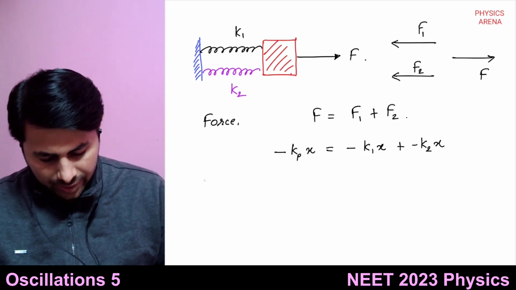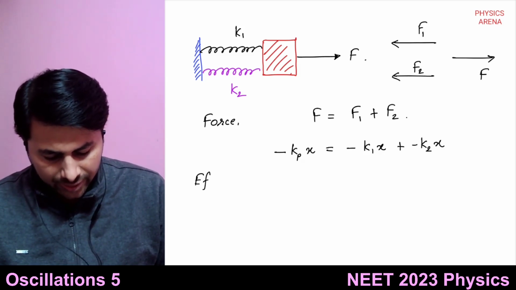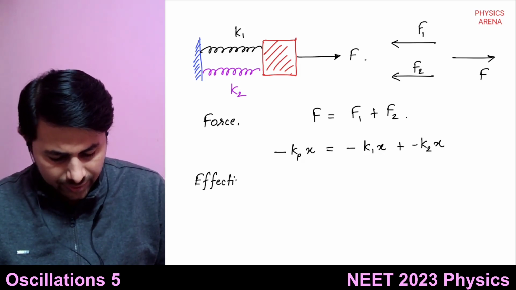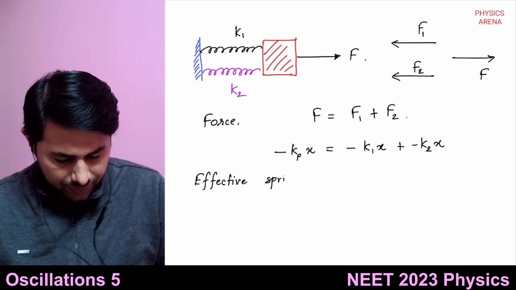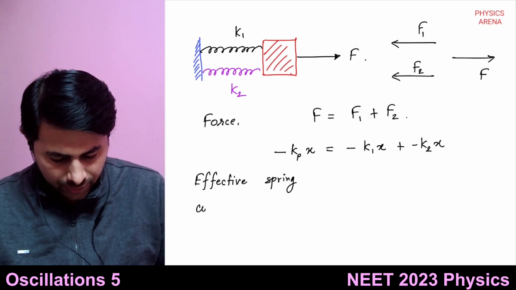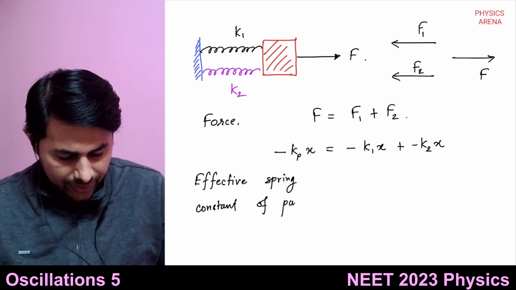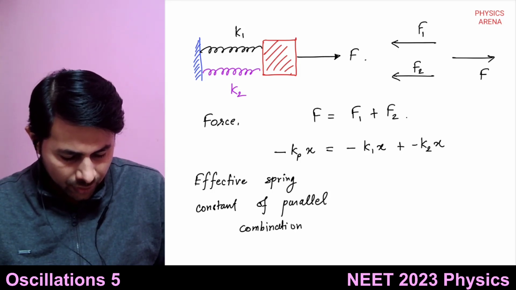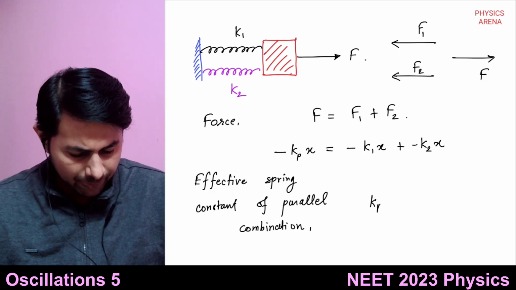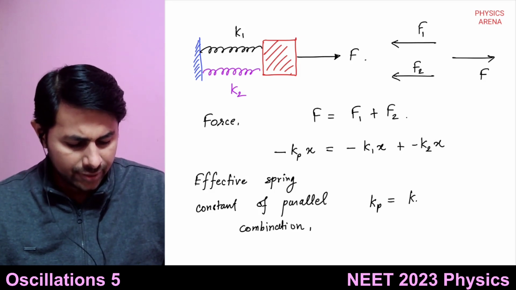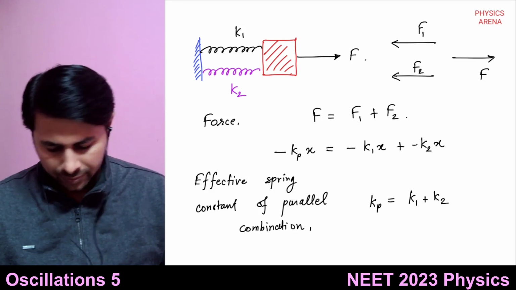You get the effective spring constant of the parallel combination of two springs, Kp, which is just equal to K1 plus K2.